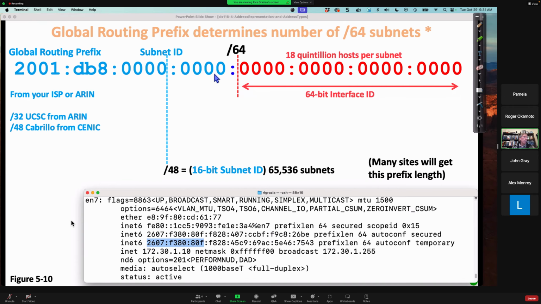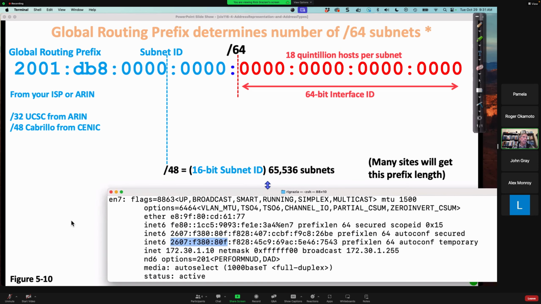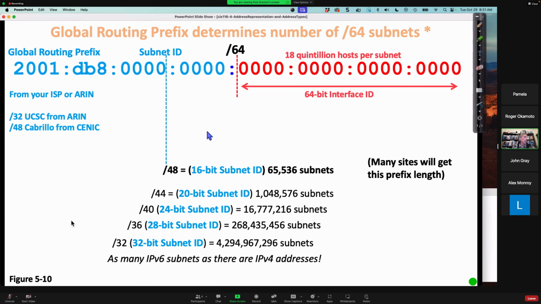That gives us 16 bits for subnet ID. But what I was getting at is this. It's becoming more common to make, there's our /48. Did I get over too much? That's a /48, right?